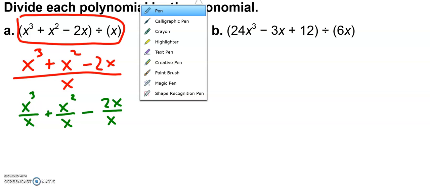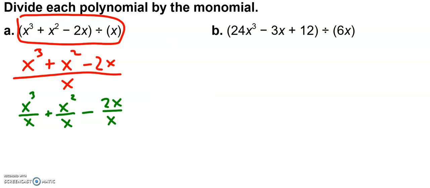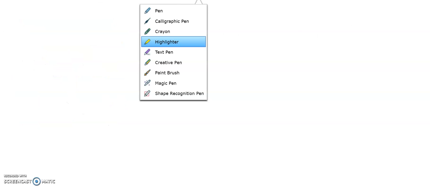Now let's focus on just one part of this real quick to make sure that we understand. So I'm going to focus on this right here, x to the third over x. There are two possible ways we can think of this.